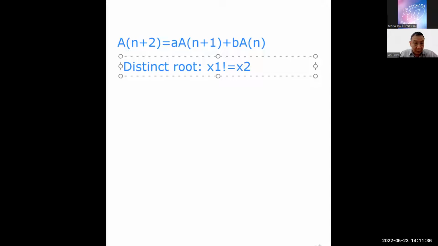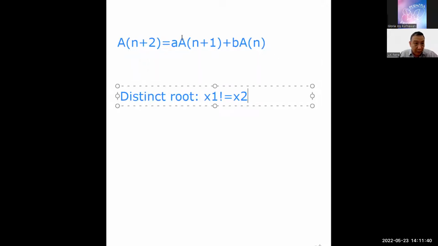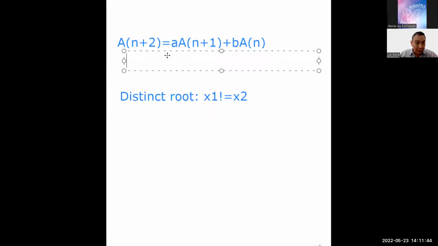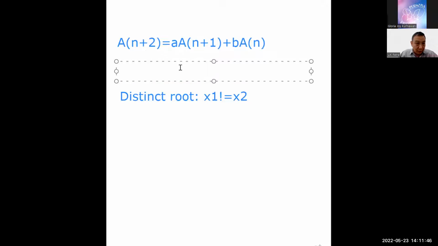That happens because the characteristic equation of this is x squared equal to a times x plus b.